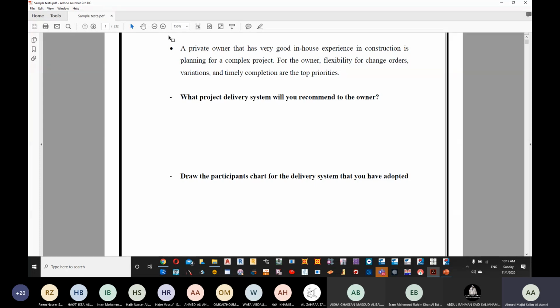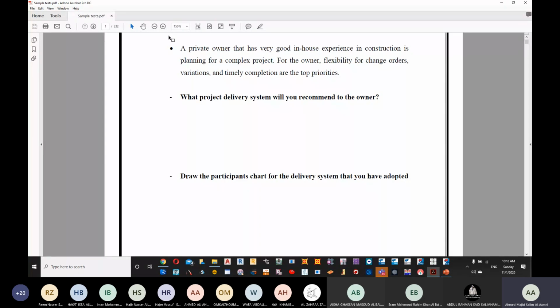Okay, now we have two remaining options. One is construction management at risk, another one is design, build. Now which one of them offers you change orders, and which one is faster than the other method? If you remember, we said the fastest of the three methods is design, build.